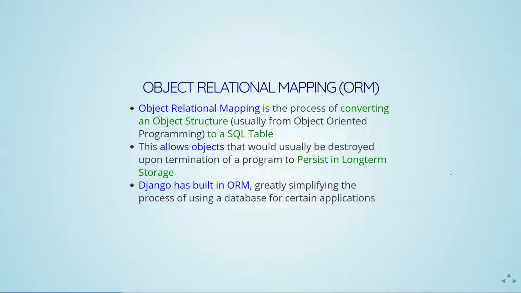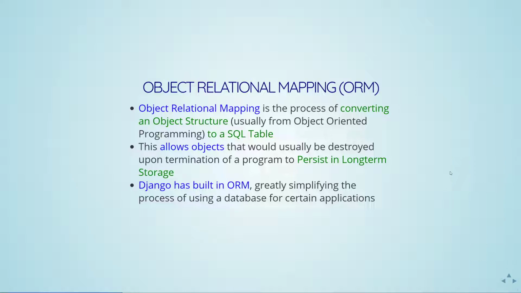Object relational mapping is a technique that takes objects, usually inside an OO program, and turns them into an SQL table. This allows you to just say, well, I have this object that I've created and I'm using in my OO program, let's store it into long-term storage, into the database. So this greatly simplifies the use of a database.